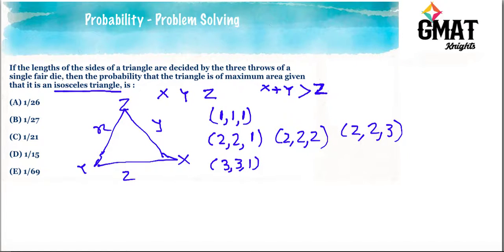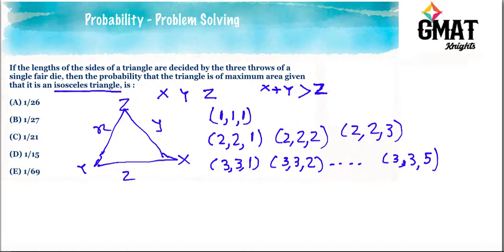You can have z as 1, or you could have 3, 3, comma 2, so on and so forth till 3, comma 3. What's the greatest value that z can have? Can we have a 6 over here as z? No, because 3 plus 3 is 6, so the maximum value we can have for z is 5, right?